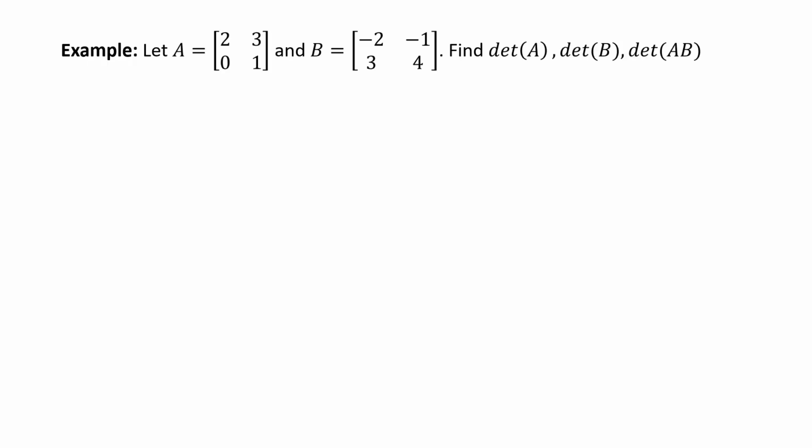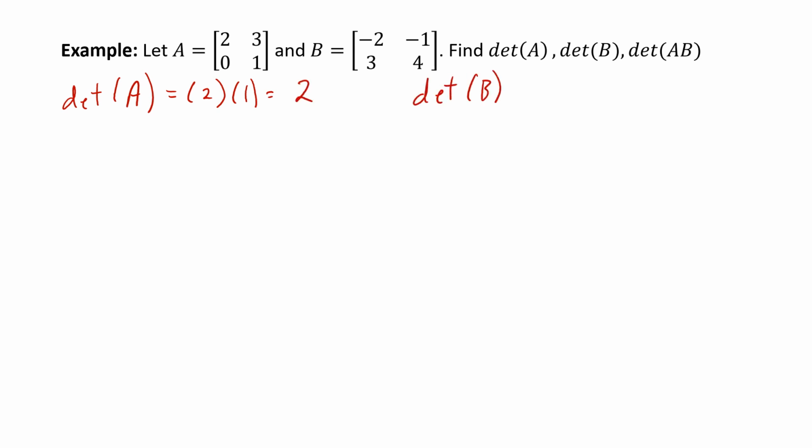Now let's look at another example. What happens when we multiply matrices? And this time we're going to take a simple 2 by 2 matrix as an example. So first I'm going to take the determinant of A. We can calculate that easily. We can note that A is a triangular matrix. So it's 2 times 1, so it's equal to 2.